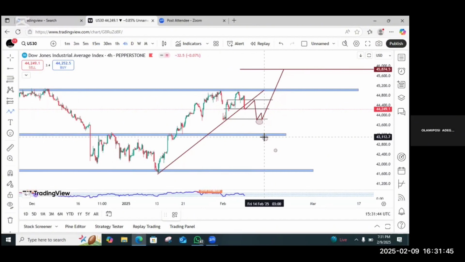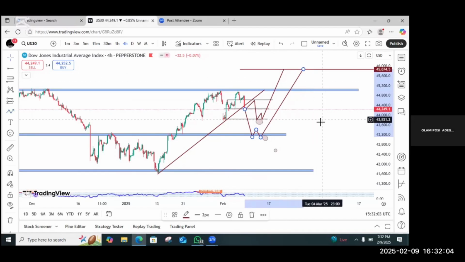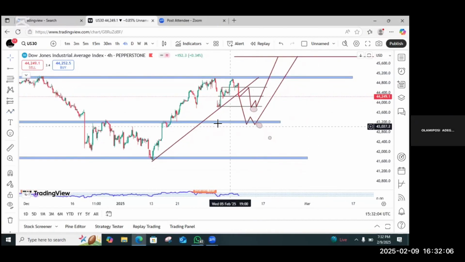The market might decide to come and test the 50%, which is also the most previous high before the market went to the all-time high.